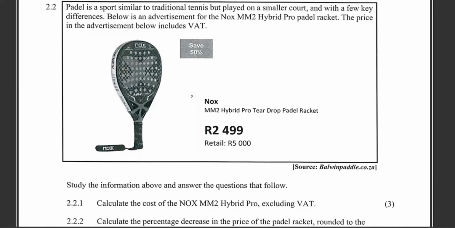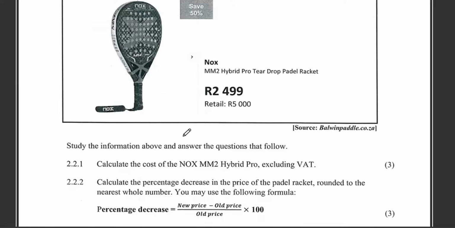The price includes VAT. So let's come down here and say, calculate the cost of Nox MM2 Hybrid Pro, excluding VAT. Whenever you hear excluding, you know we are going to divide. We shall divide. But what are we dividing? Calculate the cost. So at the moment, this is the cost. So we shall say 2,499 divided by 1.15.